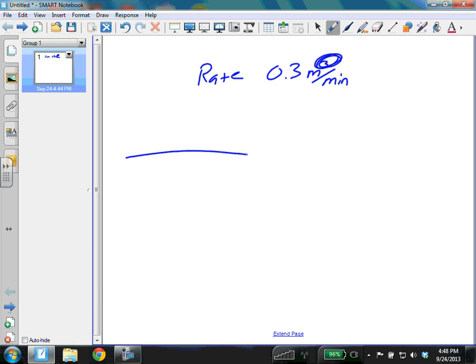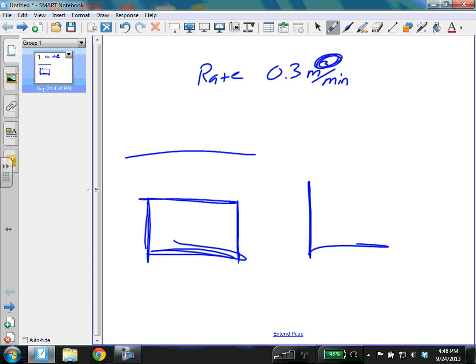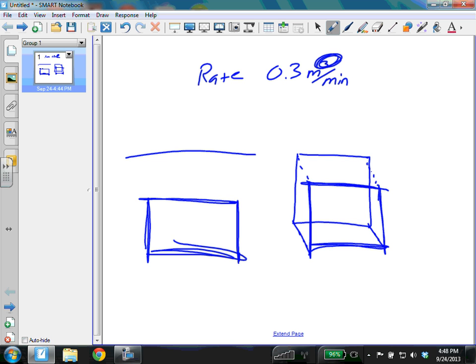But when you measure volume, there's a length and a width, but then there's also a height that comes into play. So you're adding a third dimension here whenever you start dealing with volume, right?